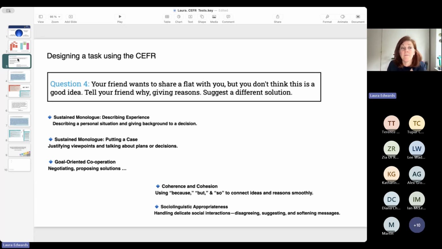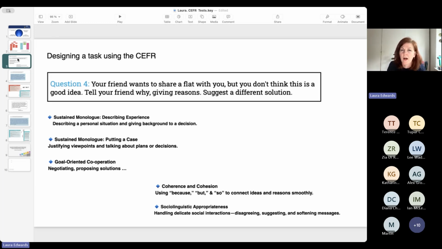It also includes an element of goal-oriented cooperation, although in this oral exam, the other person will not be responding. You're setting it up as though you're expecting a response. So you're negotiating with them, proposing solutions. So those are the things that we're asking them to do. But when we're looking at it, we're going to look beyond the language, the complexity of grammar, etc. We also want to look at coherence and cohesion, using because, but, and so to connect ideas and reasons smoothly.